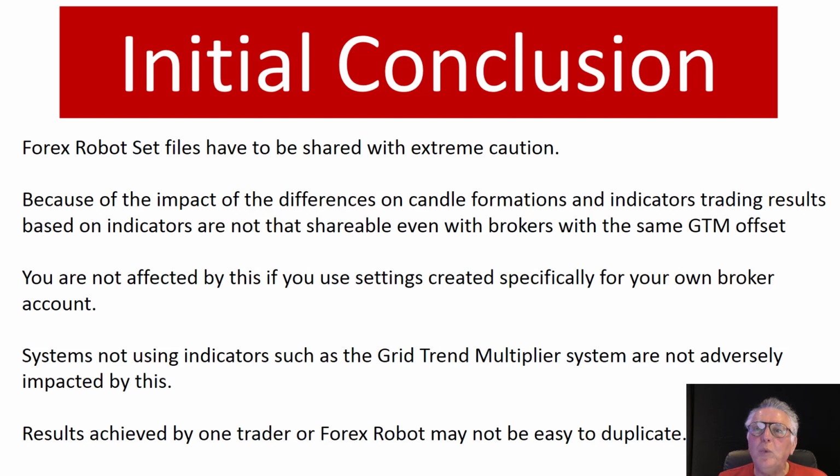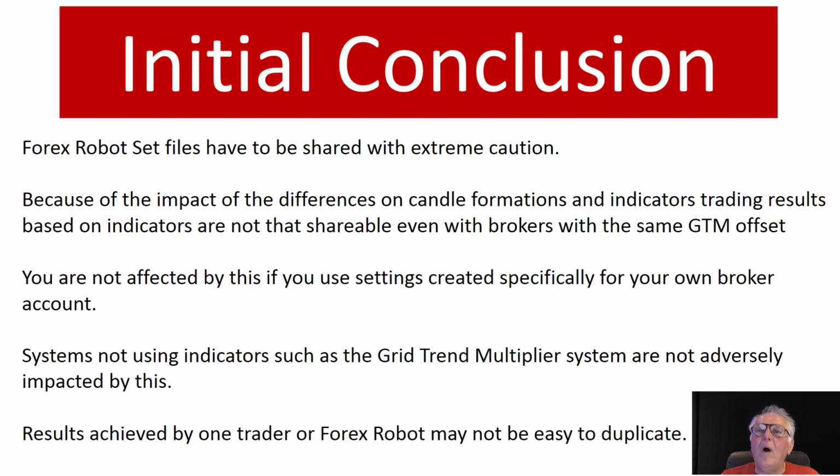So this explains why when you try and duplicate optimized settings, you cannot duplicate the results because your broker could be completely different in terms of the setup that they use to the broker that we use to create the set files. That's one reason.